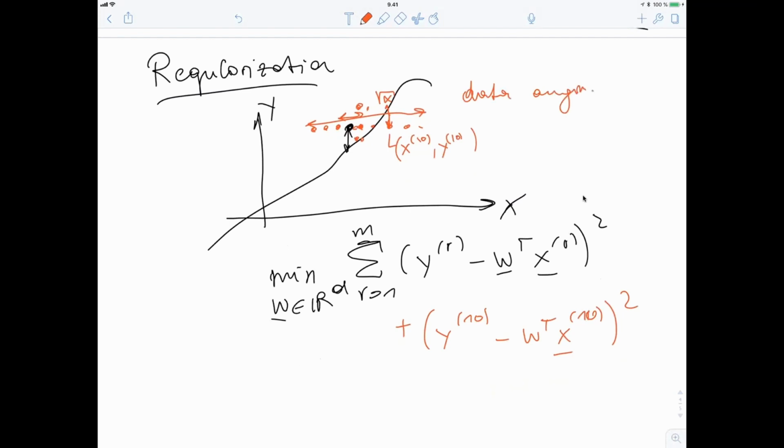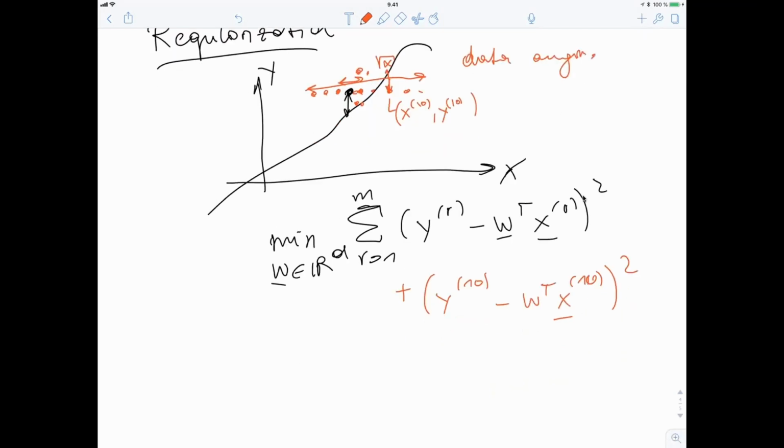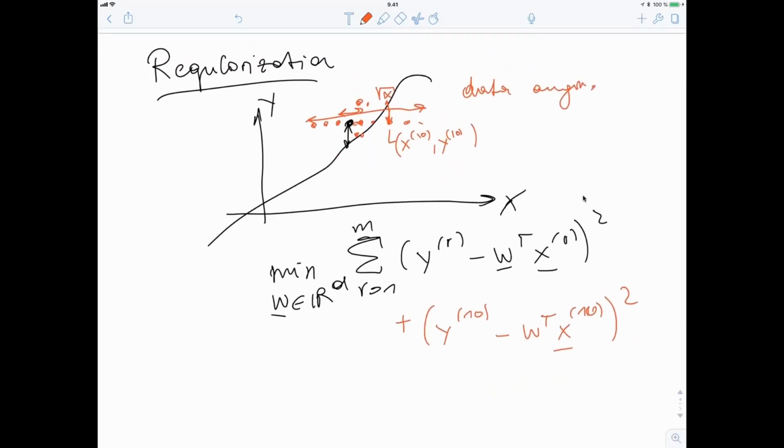This is one form of regularization. Another form comes naturally out of this process because you can collect these additional terms into a single term.